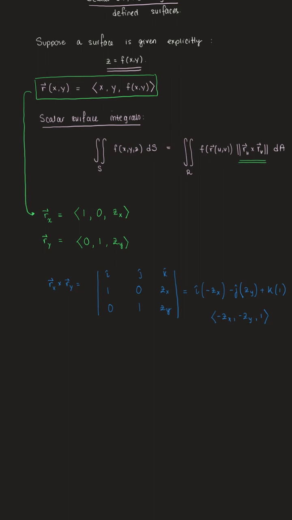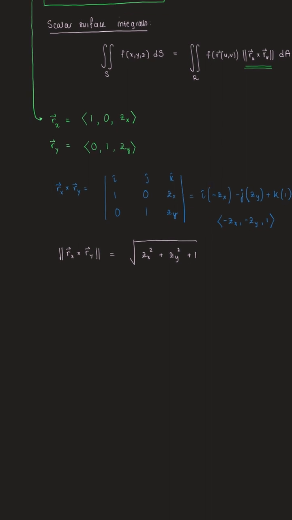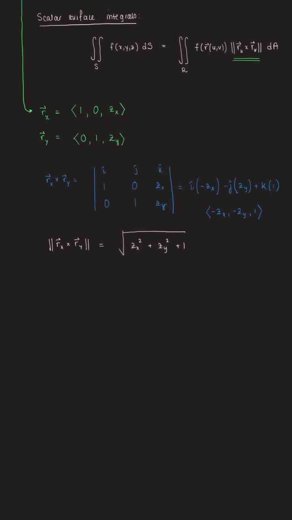And to find the magnitude, which is what we really want, of partial with respect to x of our parametrized surface crossed with partial with respect to y, we'll take the square root of negative partial of z with respect to x, which is just going to be partial of z with respect to x squared, plus partial of z with respect to y squared, plus 1 squared. And so there it is. We're almost there. We have our area element, and so we're able to write for any explicitly defined surface.